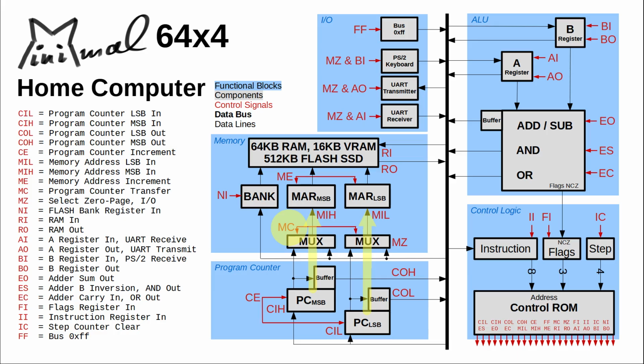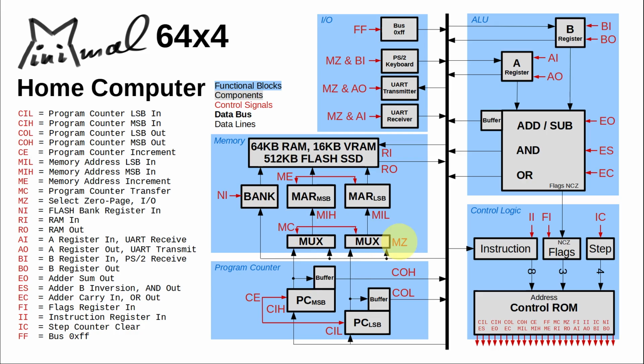So by employing the control word MC, MIL, MIH, the full 16-bit program counter can be transferred to the MAR within a single clock cycle, while the bus can simultaneously be used for other data transfers. This feature improves the efficiency of the CPU pipeline quite significantly.